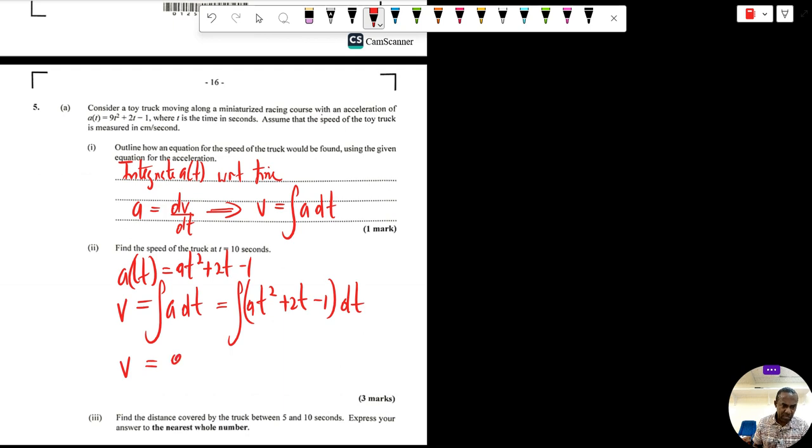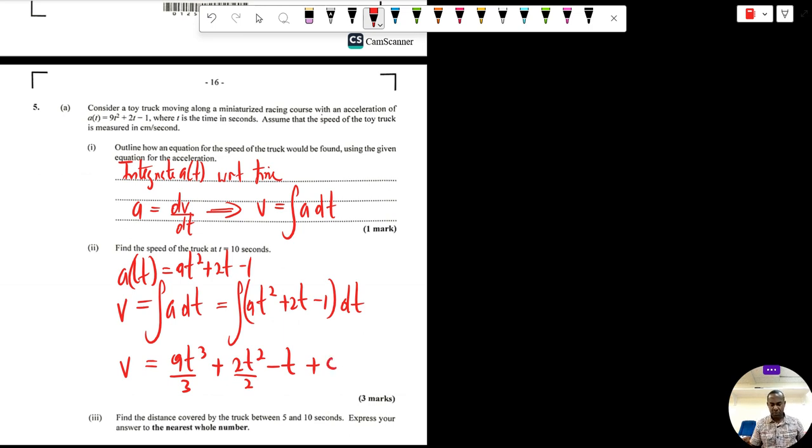So this becomes 9t cubed all over 3. Then we have plus 2t squared over 2. Remember, when integrating, we increase the power by 1, divided by the new power. So 2t squared over 2, and then we have minus t, plus, of course, our integration constant c.